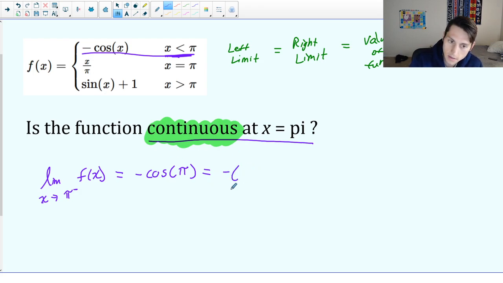Cosine of pi, of course, you guys all know from the unit circle, what's cosine of pi? Hayden? Uh-oh.